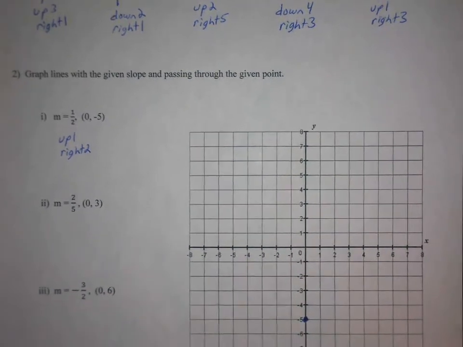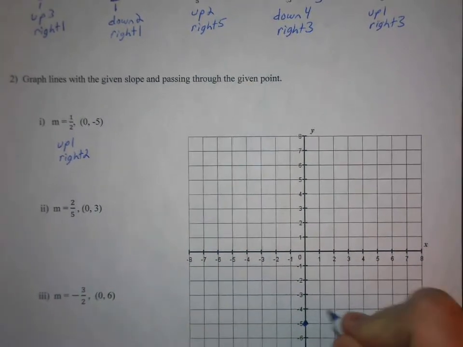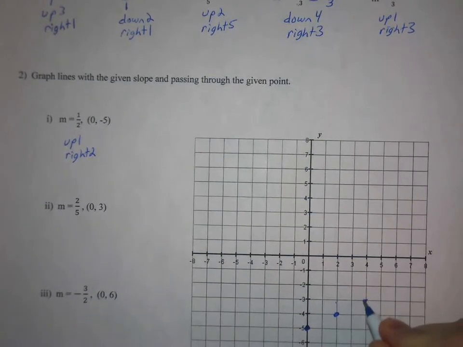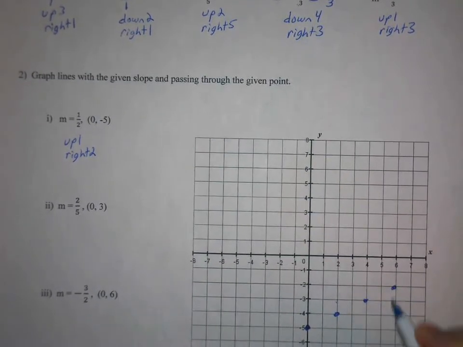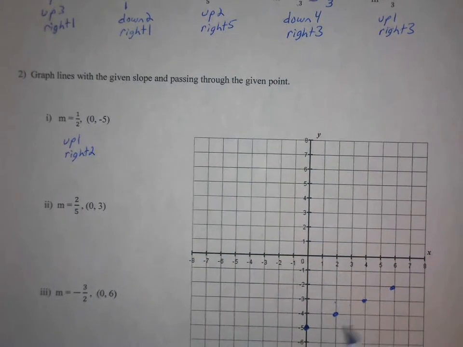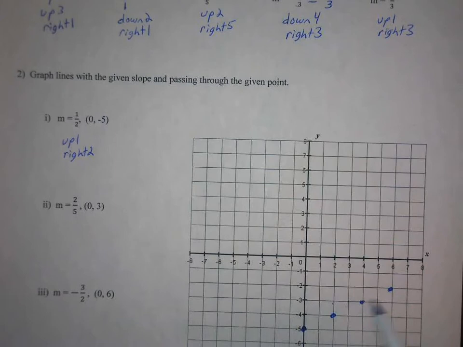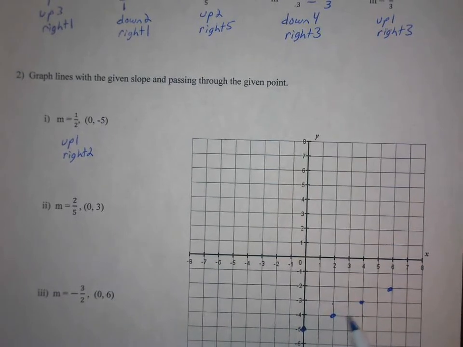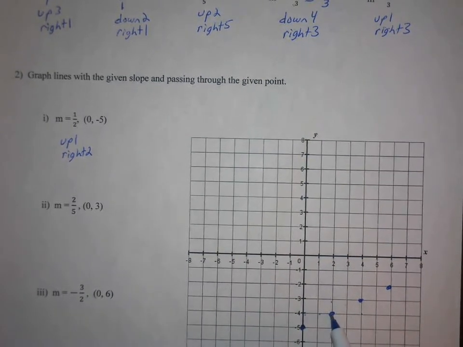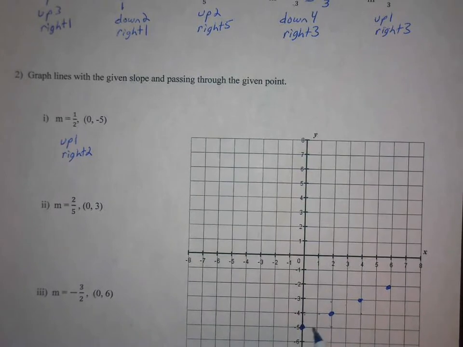And then from that point, count up 1 to the right 2. So keep counting up 1 to the right 2. And I will say, again, notice that to stay on that line, if you went from any point on the line down 1, left 2, so switch both directions, then that'll keep you on the line. So up 1, right 2, same as going down 1, left 2. That's changing both directions.